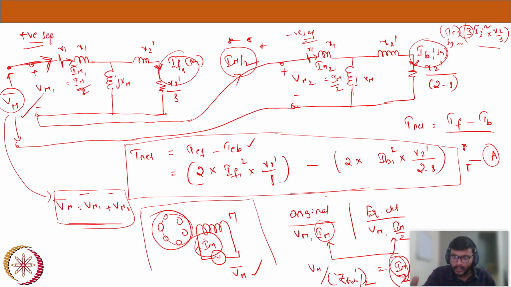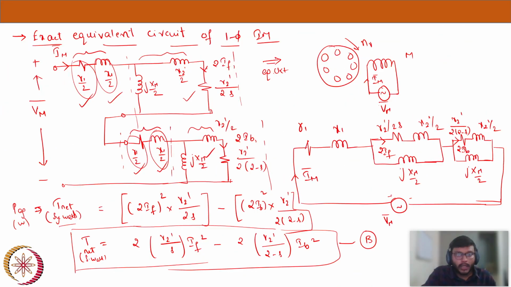Here, when we halve the impedances, the current is already doubled, making the power already doubled. That's why we get both equations the same even though we have not multiplied by 2 here. Anyhow, this is only a single phase machine.